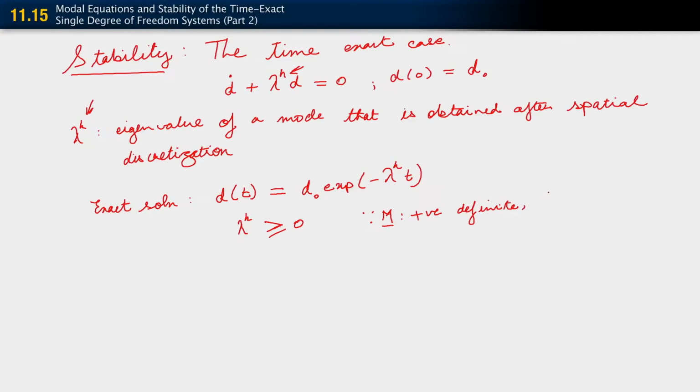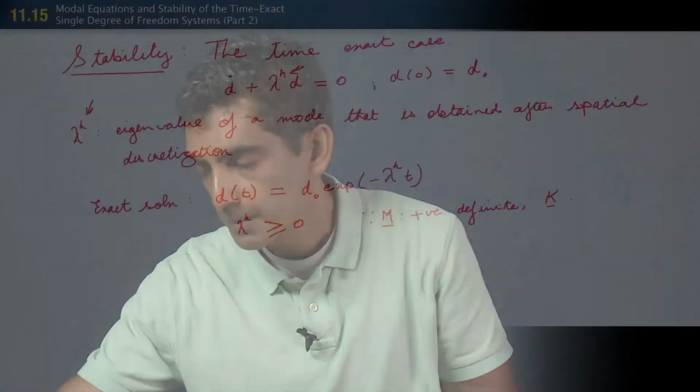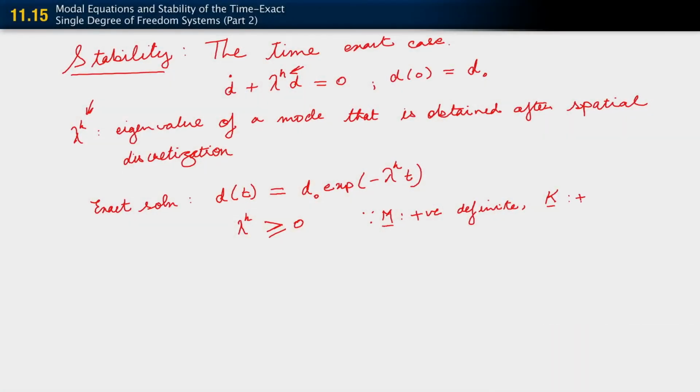right? And k is usually positive definite, but in the most general case, if we want to also allow for insulation along certain directions, if you're talking of heat conduction, or the possibility that there is no transport along certain directions, if you're talking of mass diffusion, then k is positive semi-definite.